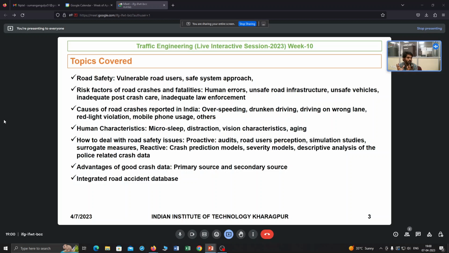And that will be done by an independent body, not someone within the organization. Suppose my company constructed the road, that company cannot conduct the road safety audit. It has to be done by a third party so that there is no bias involved. Those road safety audits are essential to identify deficiencies and give you proper feedback.